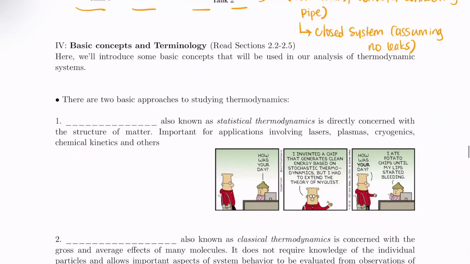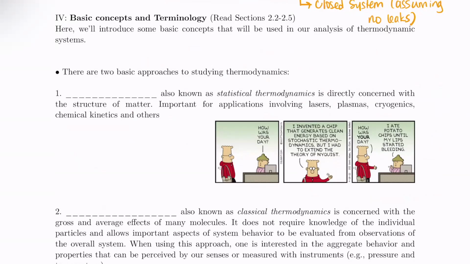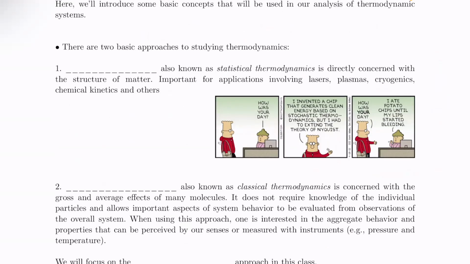Okay, so now we're gonna introduce some basic concepts that are gonna be useful to us when we're analyzing thermodynamic systems. So this is a lot of definitions that we're gonna go through, okay? So there are two approaches to studying thermodynamics. One is a microscopic approach.